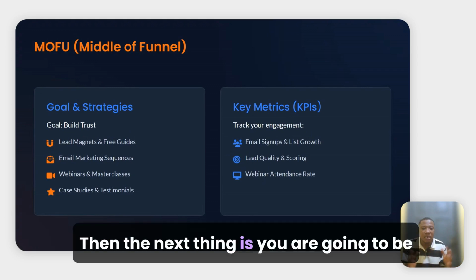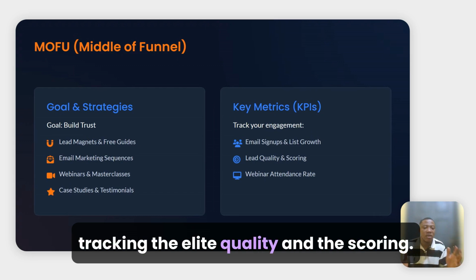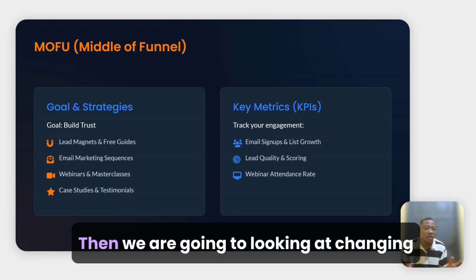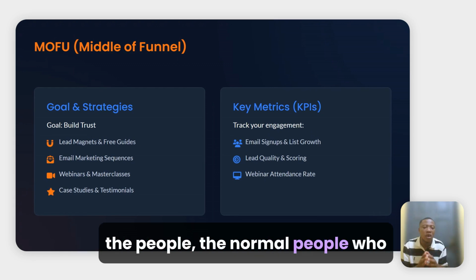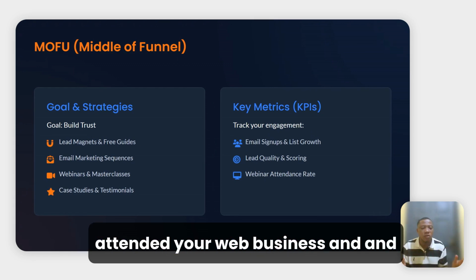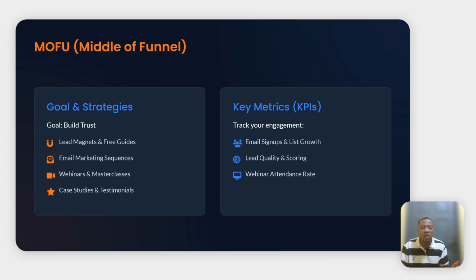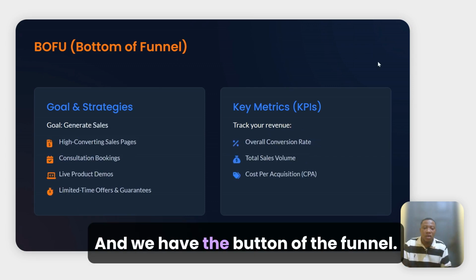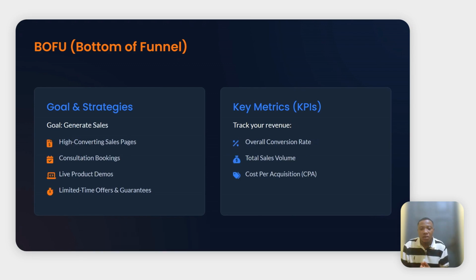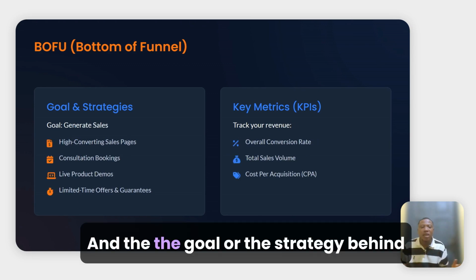Then the next thing is you are going to be tracking the lead quality and scoring. Then we are going to track the number of people who attended your webinar and maybe your consultation and all that.